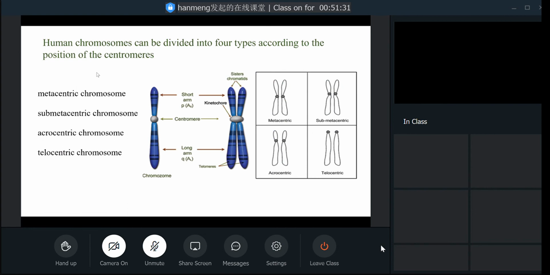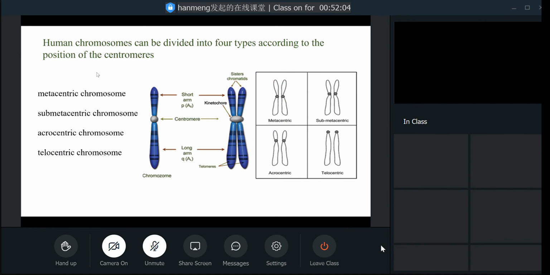So the human chromosomes can be divided into 4 types according to the position of the centromere. One is the metacentric chromosome, then the sub-metacentric chromosome, then the acrocentric chromosome. Finally is the telocentric chromosome, also named the Y chromosome.